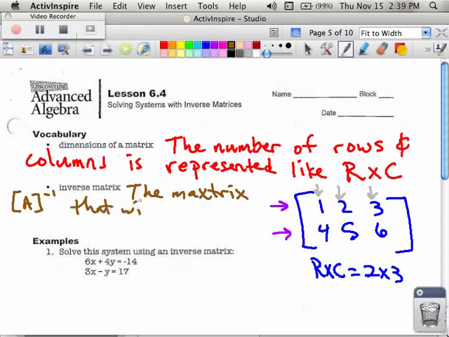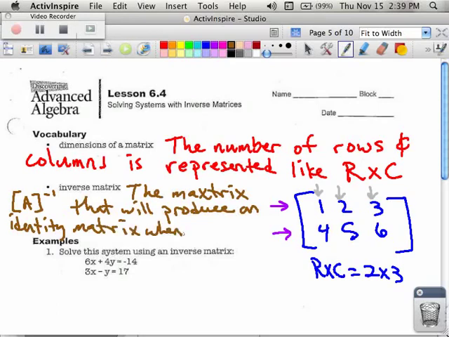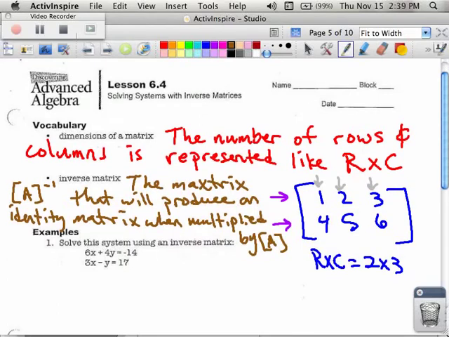That will produce an identity matrix when multiplied by the matrix A. And you'll see how that works within the context of our problems shortly.